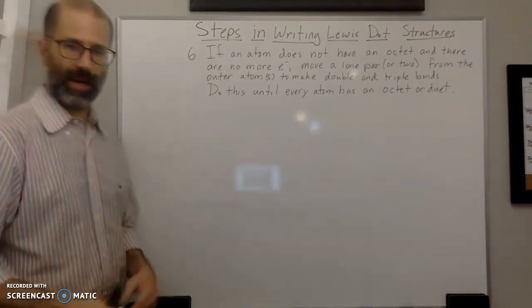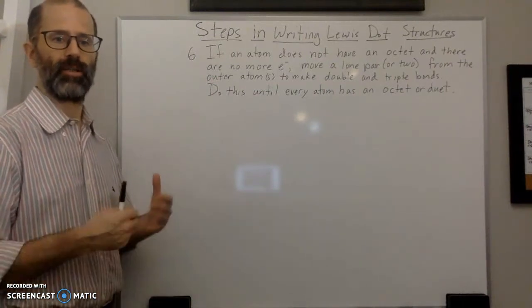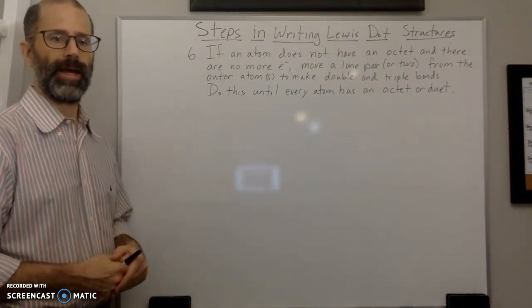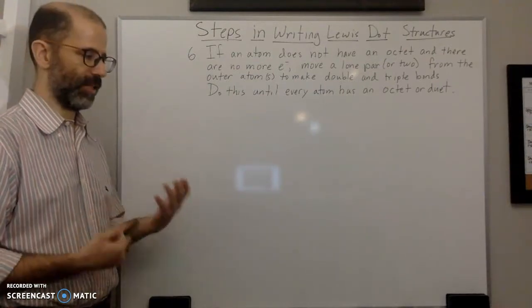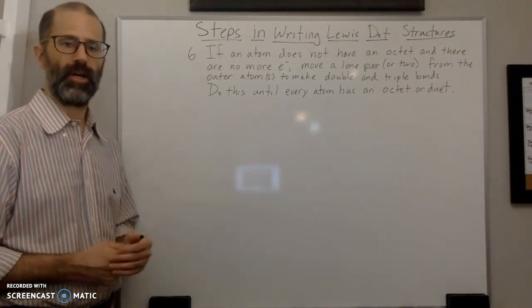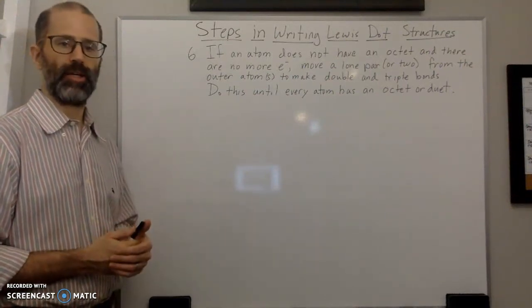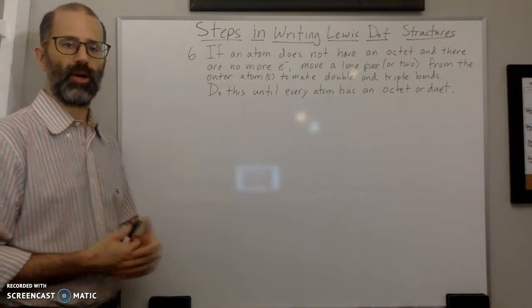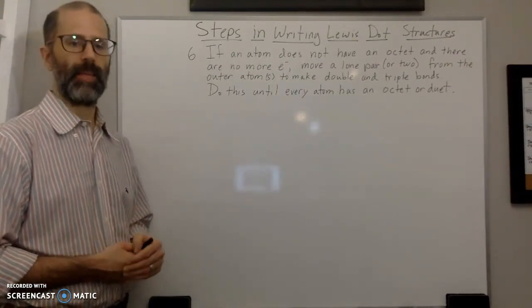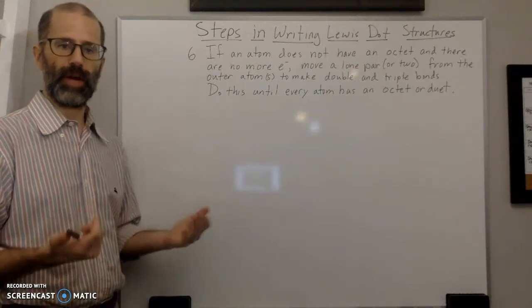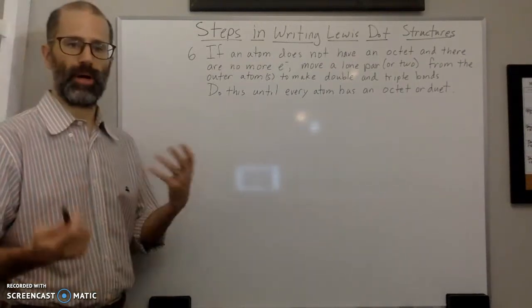So welcome back. So the next step: we've checked our Lewis dot structure, and let's say, for example, that we now have a Lewis dot structure where one of the atoms does not have an octet, but we don't have any more electrons to put in there, and it's not one of the exceptions.